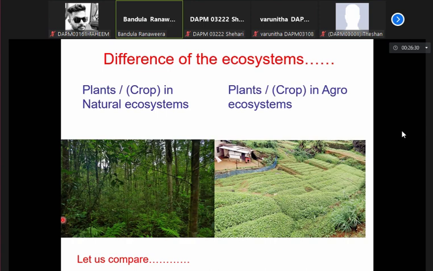There was an important comparison that in a natural ecosystem it is a natural community, and in an agro ecosystem it is an artificial community. Why has such a thing happened? If it is correct, how has it happened?